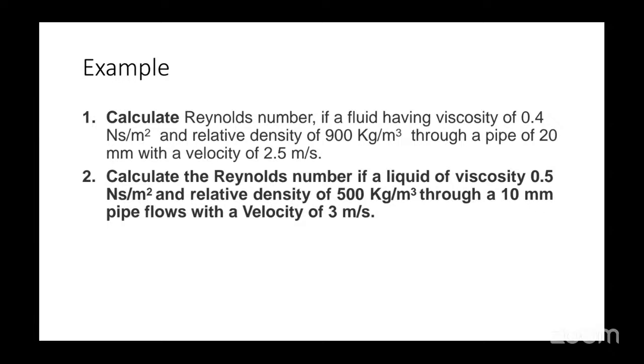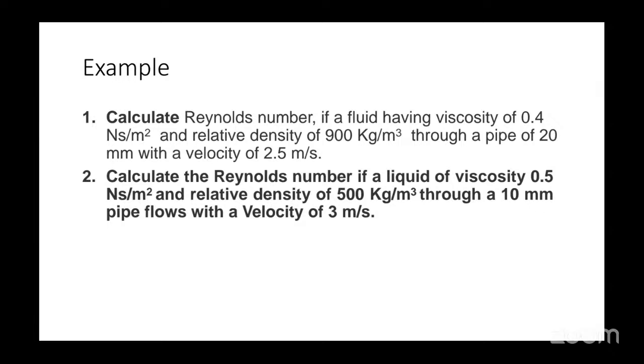So we take down our parameters using our Reynolds formula, rho VD over mu. Rho, density, is given as 500. Velocity is given as 3 meters per second. Diameter is given as 10 millimeter, which is 10 times 10 raised to minus 3 meters. And mu, which is viscosity, is given as 0.5.